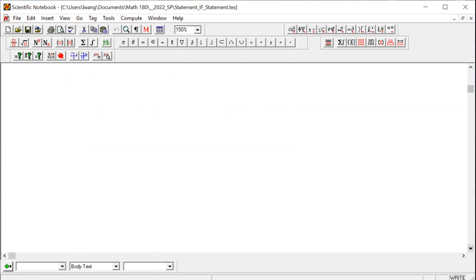So let's look at another example. In this example, we're going to use the function equals x squared. We know this function very well.